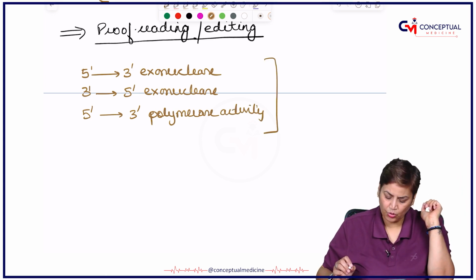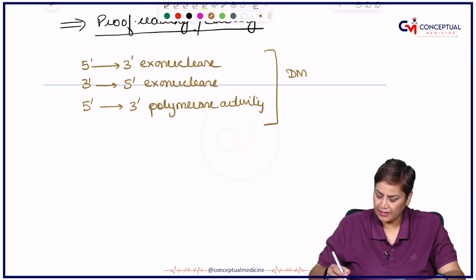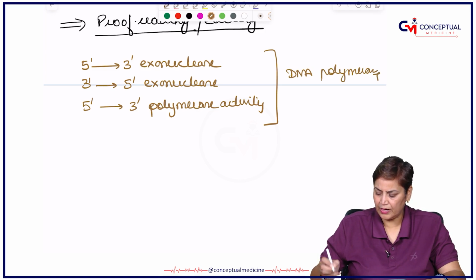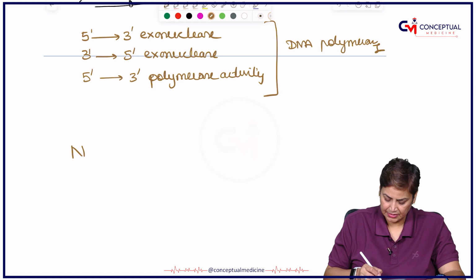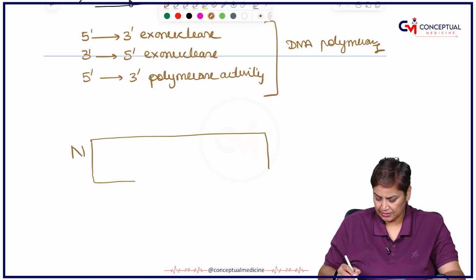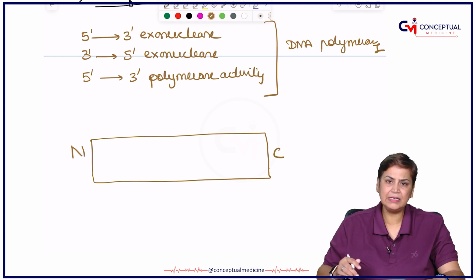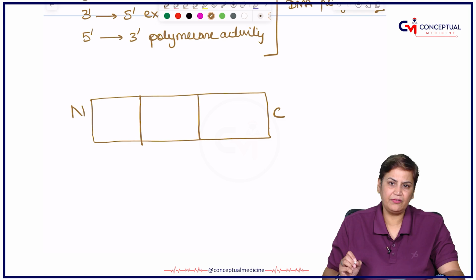So this is the structure of DNA polymerase 1. This is the N-terminal and this is the C-terminal. I can say that it has 3 fragments.